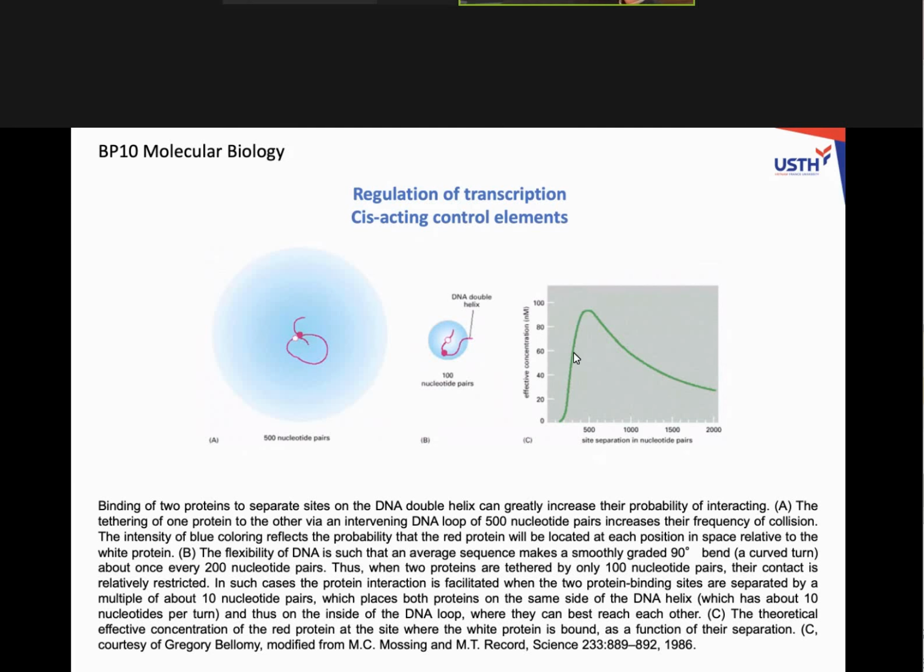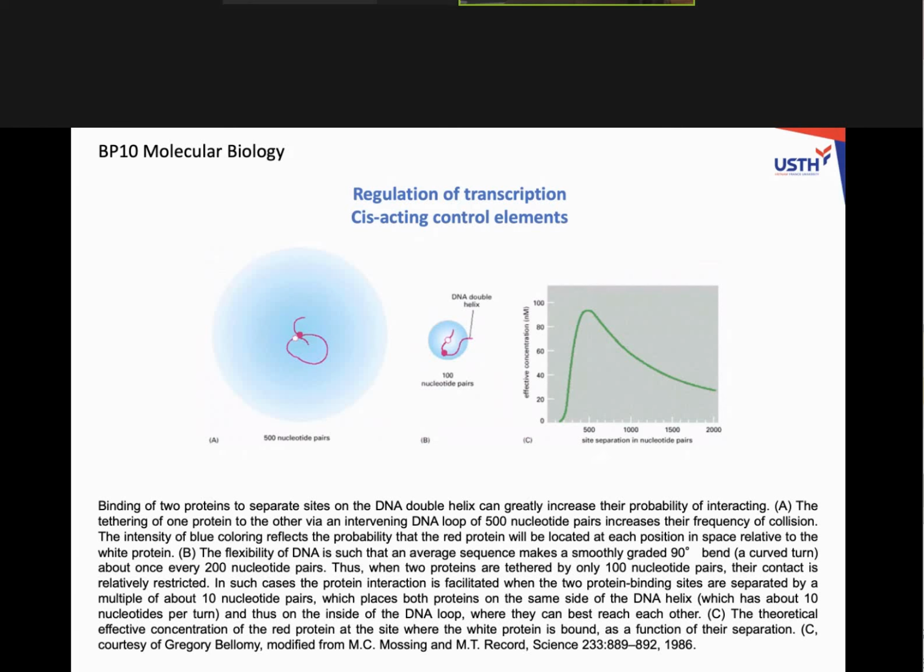But what is really weird is this part. This part is where the distance between the two proteins is very short. We can imagine that it would be easy for them to get in contact, but it's not the case. Why? This dropping part of the curve is because you have two proteins.